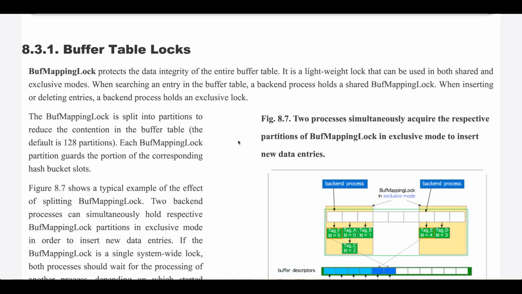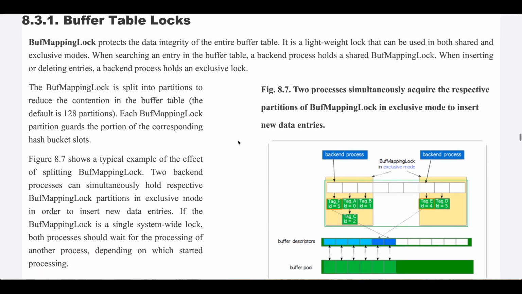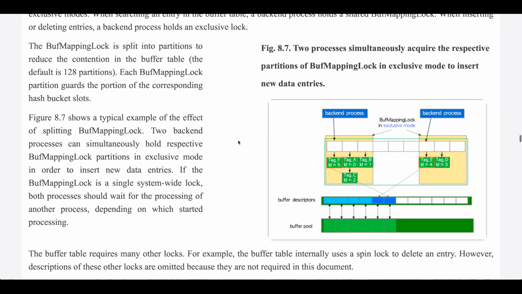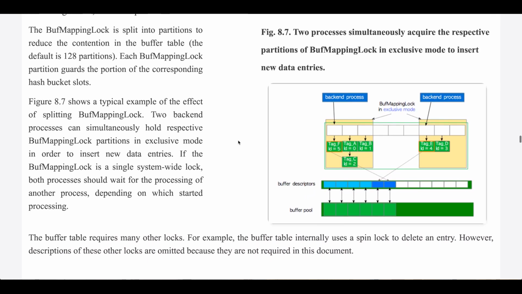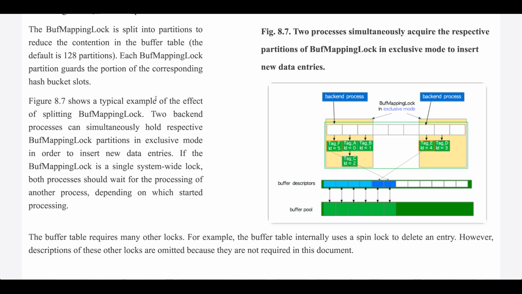When inserting or deleting entries, a backend process holds an exclusive lock. The BufMappingLock is split into partitions to reduce contention in the buffer table. The default is 128 partitions. Each BufMappingLock partition guards a portion of the corresponding hash bucket slots.